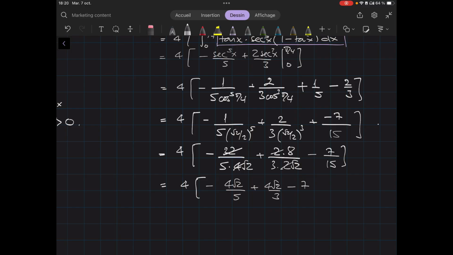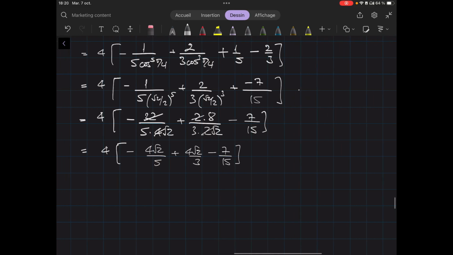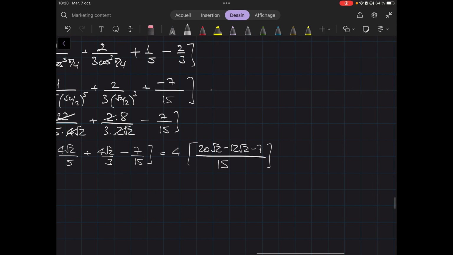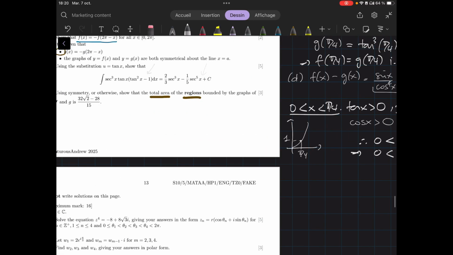We get 4 root 2 divided by 3, and 7 by 15 over here. Put it over the same denominator, we would get 20 root 2 minus 12 root 2 minus 7. And yes, that is indeed equal to 32 root 2 minus 28 divided by 15, which is our printed answer over here.